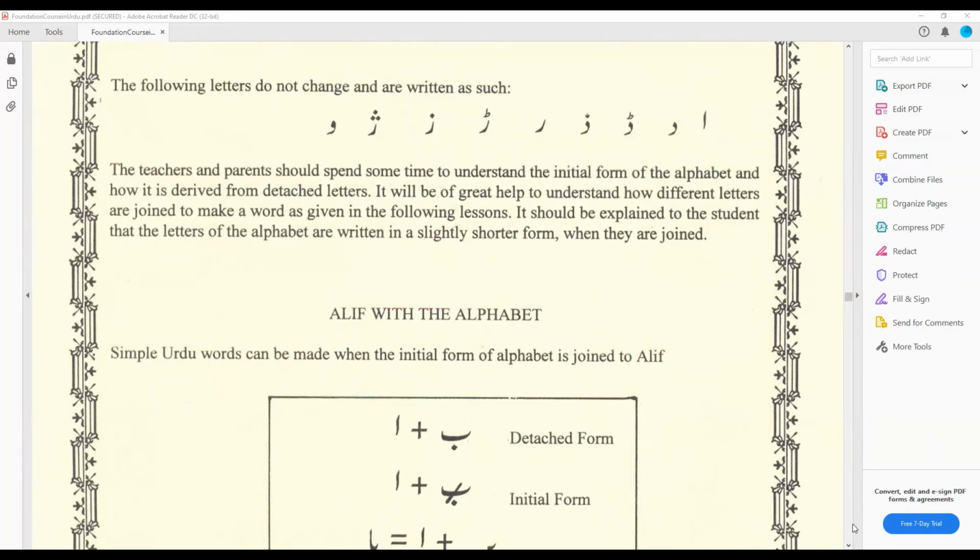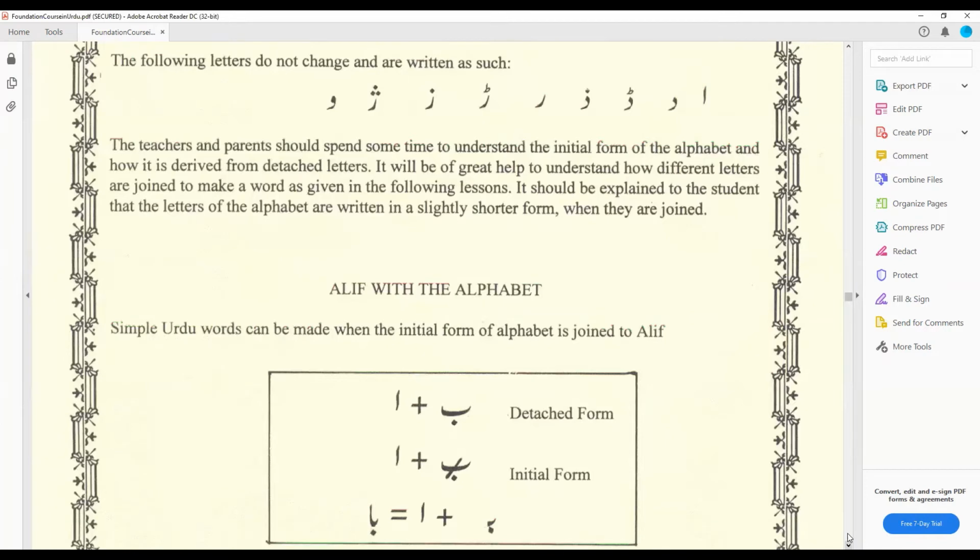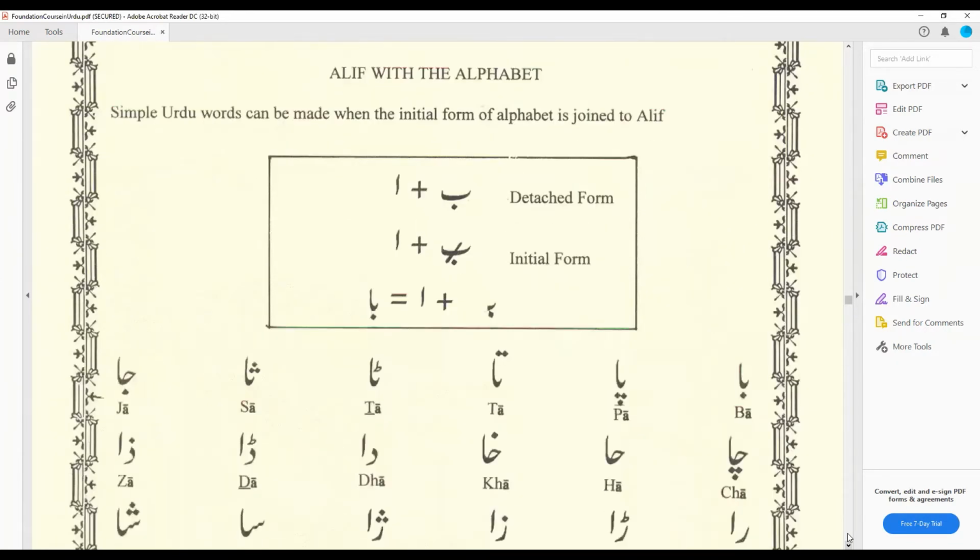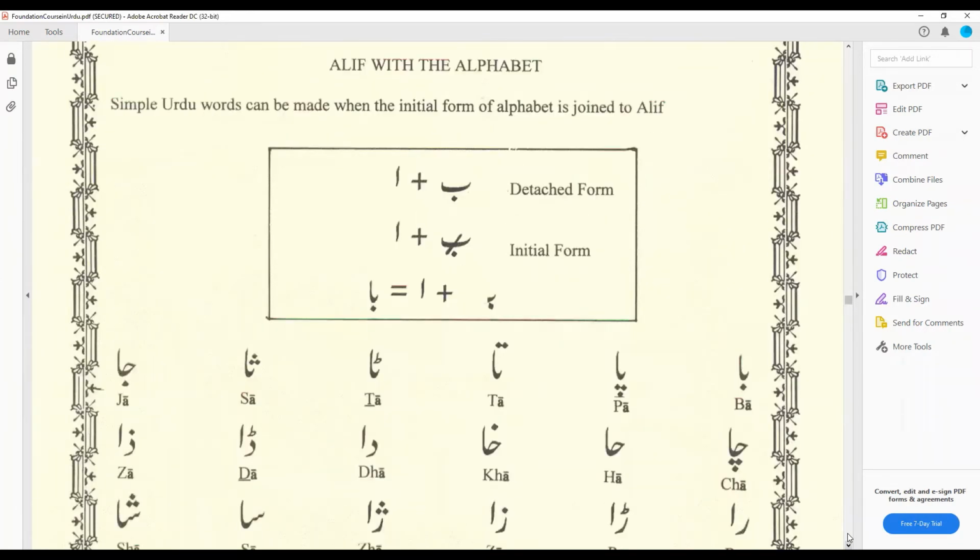So we will see all the Urdu alphabet. If we join every Urdu alphabet with alif, how will they be pronounced? One alphabet joined to another alphabet makes a two-letter word. Like if you want to write ba, it is the full ba plus alif.